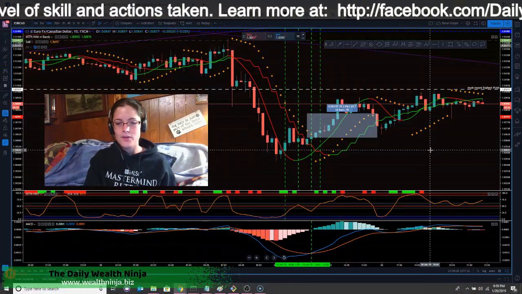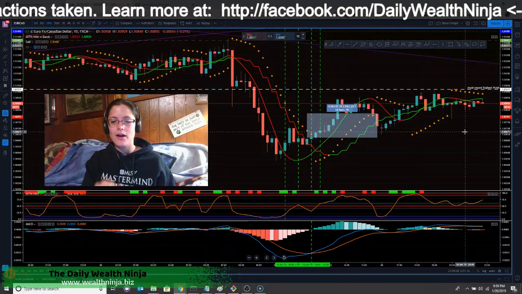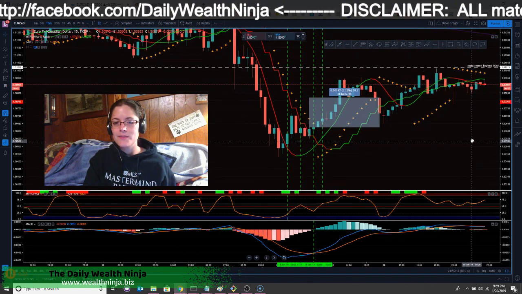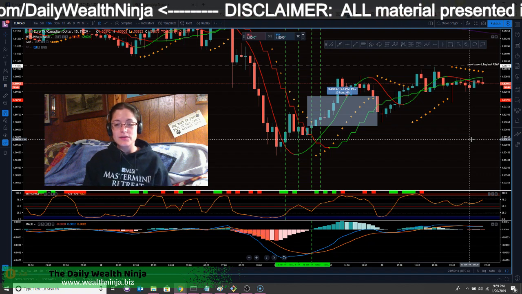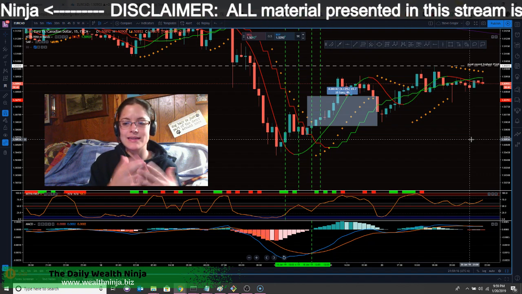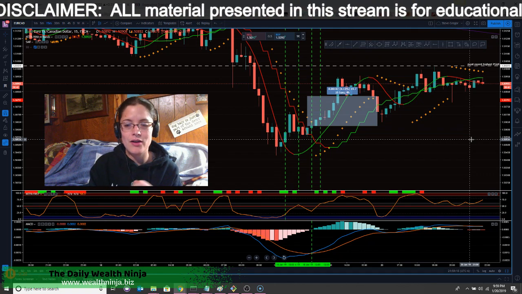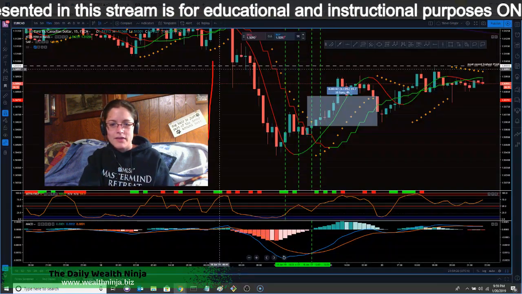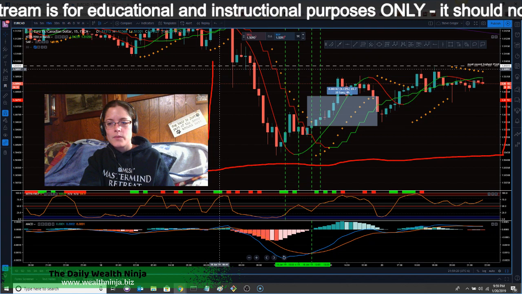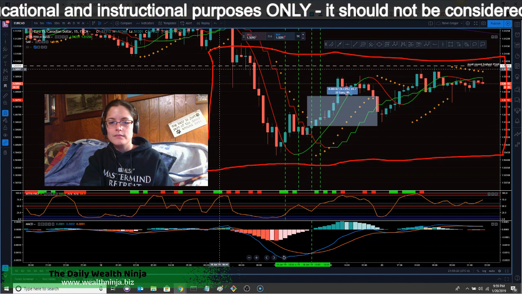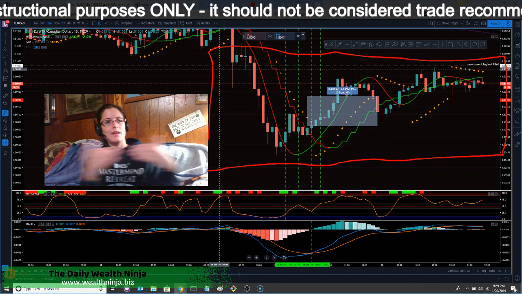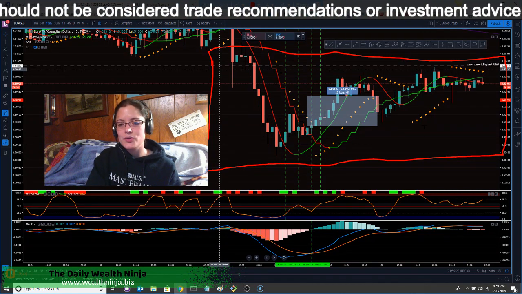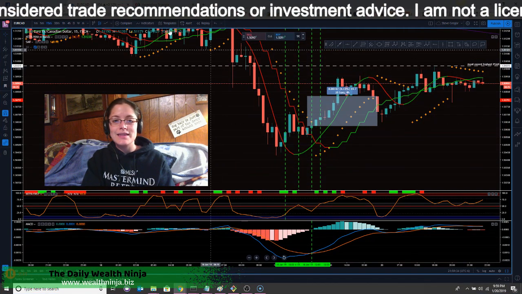So one of the other benefits to actually learning about this skill set is there's something else in this diagram that is telling me that it's not too late right now to get in on this. So like I said before, we have a sideways moving market right now, and it's actually forming what's called an ascending triangle.